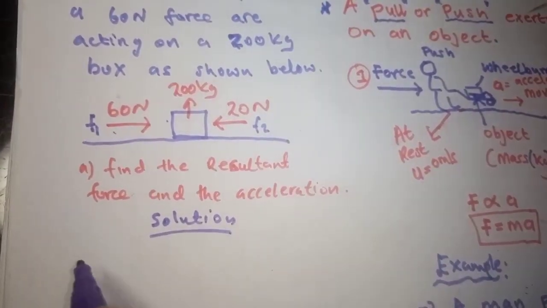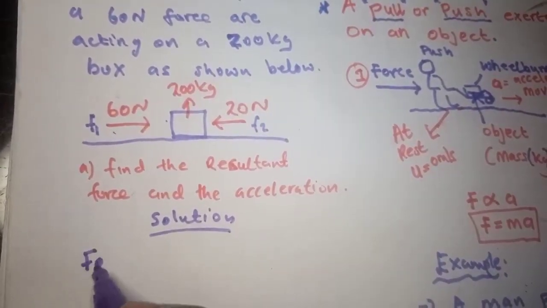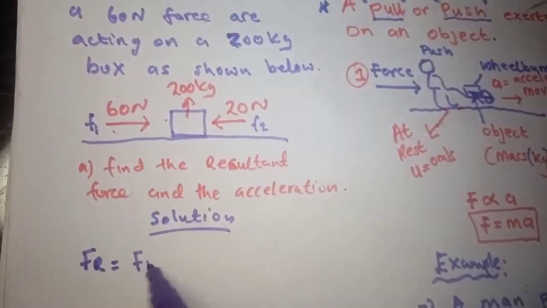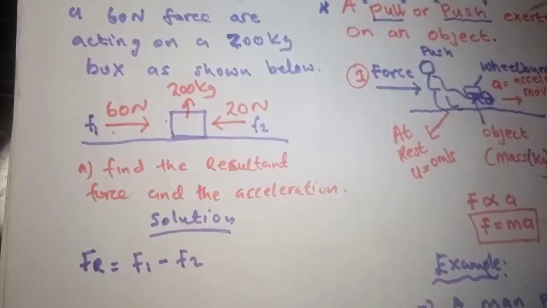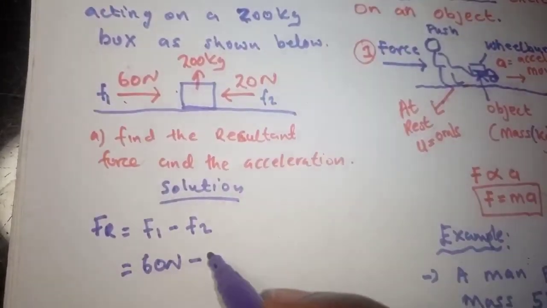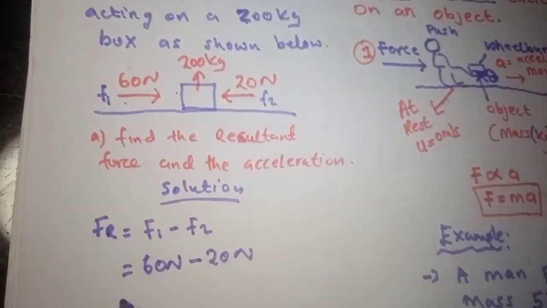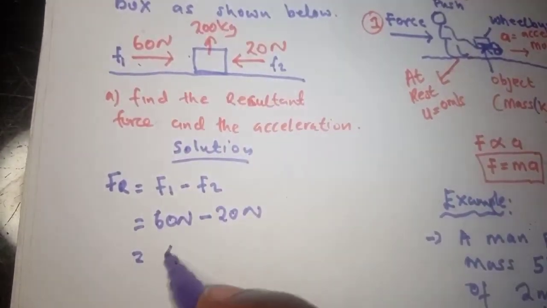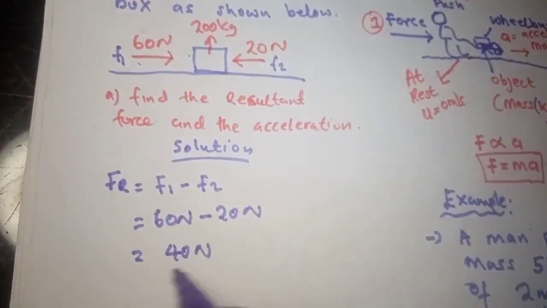The resultant force is equal to the bigger force, F1, minus F2. Here F1 is 60 newtons minus F2, which is 20 newtons. So the resultant force in this case is 40 newtons.